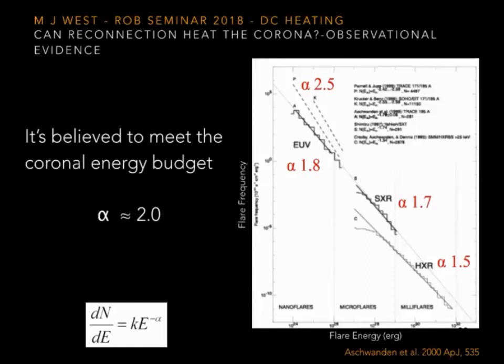But one thing that should be said, it's not clear if reconnection in large flares is the same as what's happening in the nanoflare reconnection. So this is an open argument against the flare idea of heating the solar atmosphere, or the reconnection method of heating the solar atmosphere.